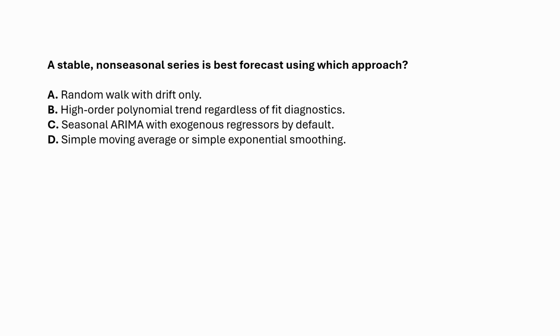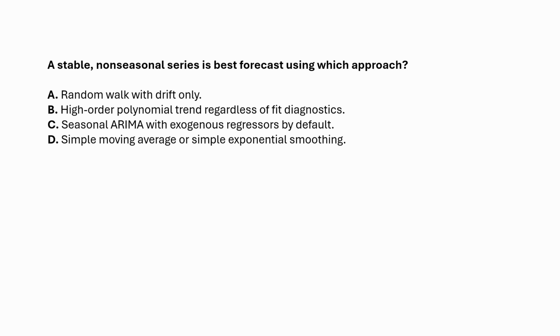Adding drift means tacking on a steady upward or downward push each period. That's useful for stock prices or things that wander unpredictably. But here, the series is stable and non-seasonal. No wandering, no trend. A random walk would be overkill and not a good fit, so A is not correct. Choice B, high-order polynomial trend regardless of fit diagnostics.